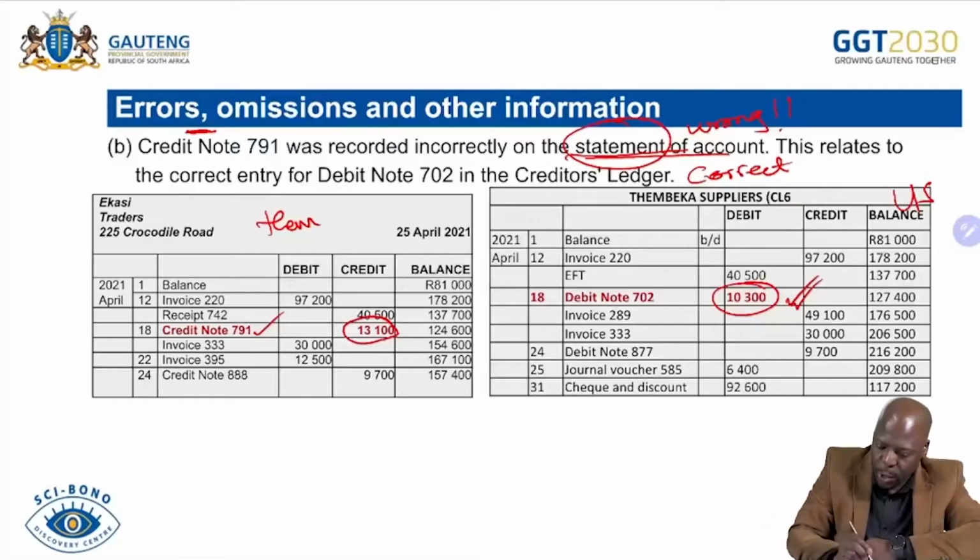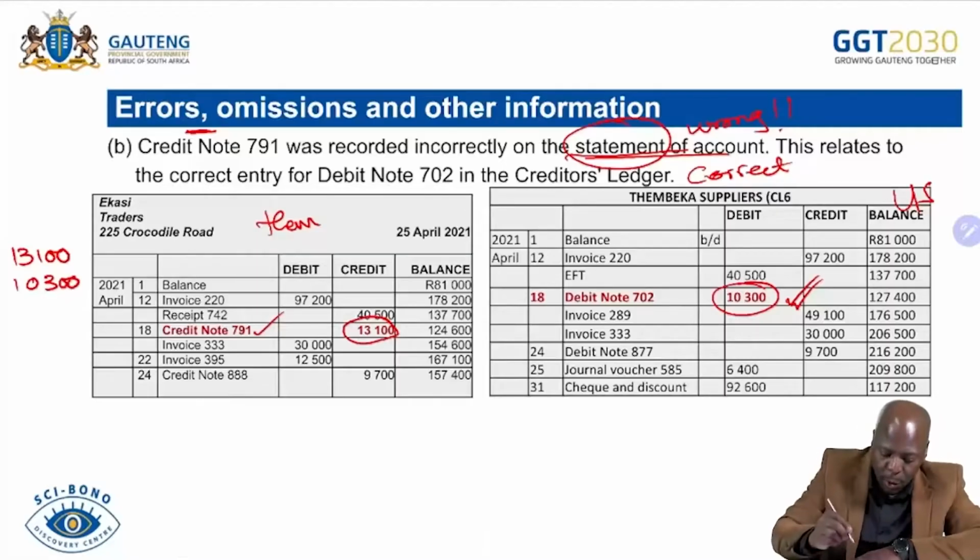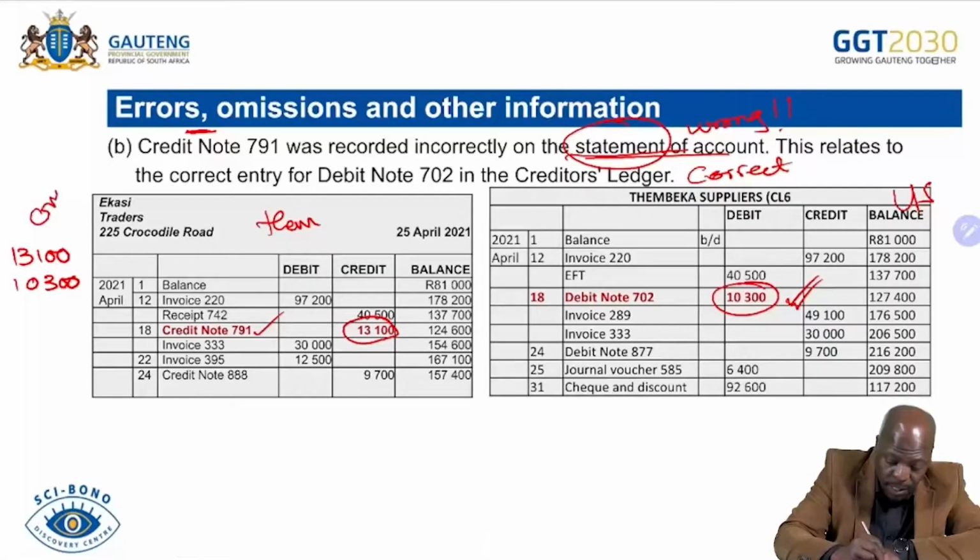So the correct one should have been 10.3, but here it was recorded as 13,100, whereas the correct one should have been 10,300. So our credit note was, in this particular case, overstated. It is recorded as 13.1 when it should have been 10.3.